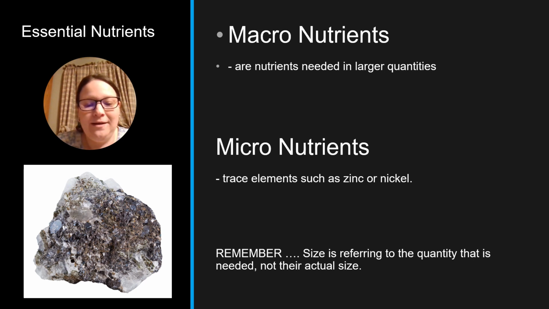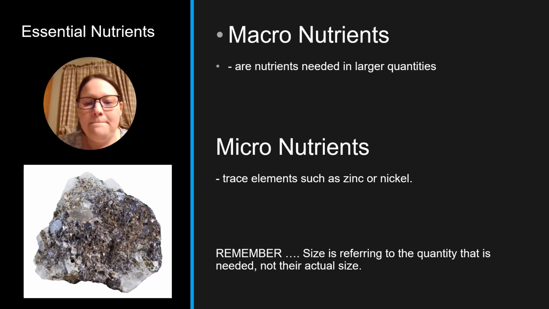It's just the quantity of nutrient that is needed. So micro, meaning small, is small trace elements such as zinc or nickel. Those were just a couple of examples. And on this picture down here on the left-hand side of the screen is a picture of zinc, which is one of the micronutrients.